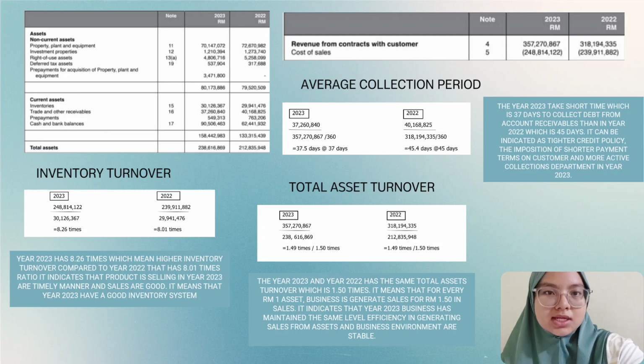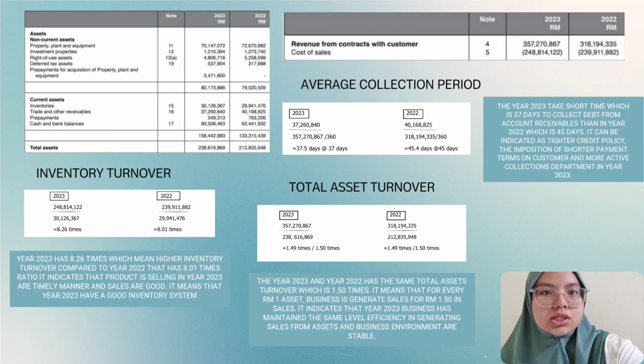And the last method is total asset turnover. The sales for 2023 are 357,270,867, and total assets is RM238,616,869. After I divide, I got 1.50 times.